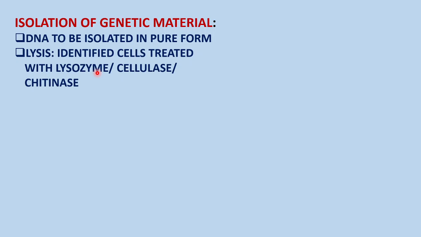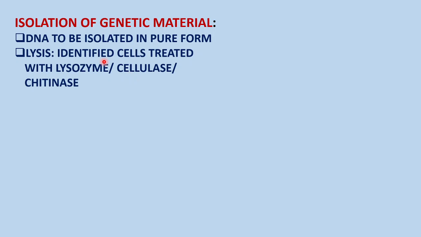Consequently, the cell wall of the bacteria will simply dissolve. If our desired gene is present inside a plant, then we will use cellulase. Cellulase will dissolve the cellulosic cell wall of the plant cells.